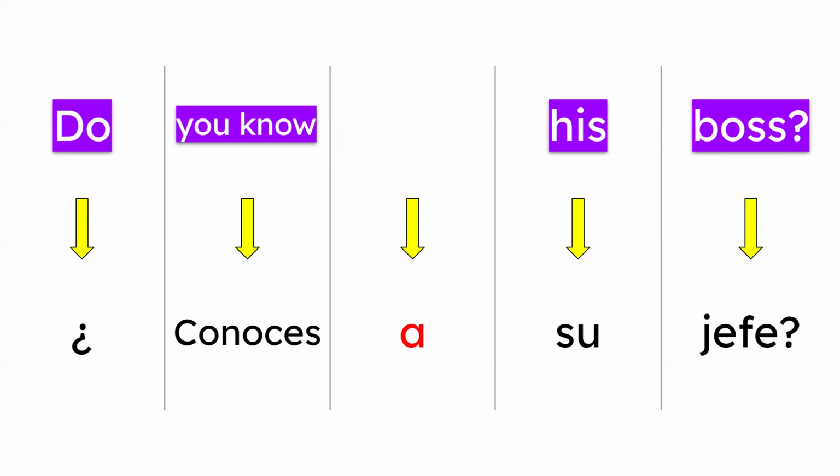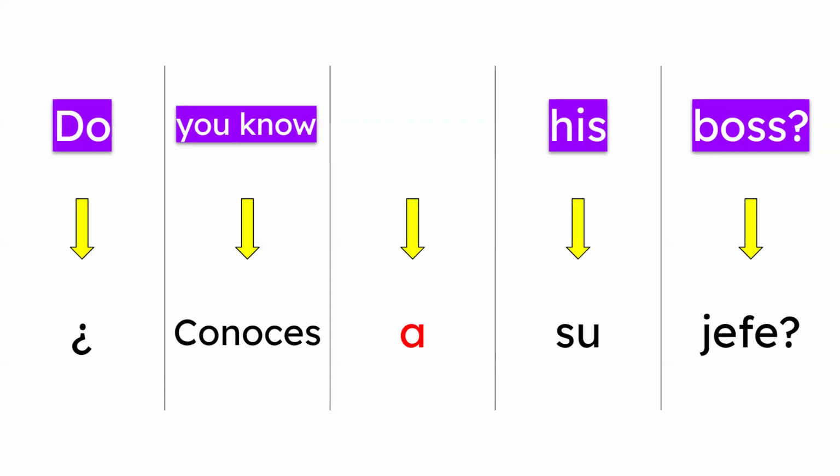That's right. Conoces a su jefe, and why is there an A here? It came out of the blue, but why? Why is it necessary to say A in Spanish? Well, there's a rule called personal A, and that says that whenever a verb is affecting a person in any way, we need to introduce an a for any verb.